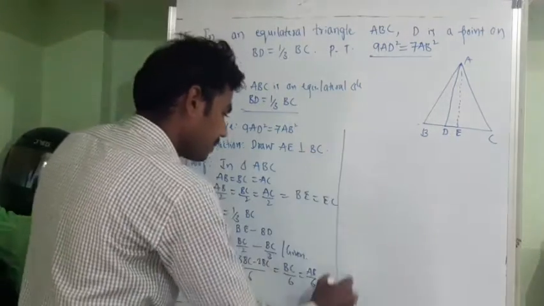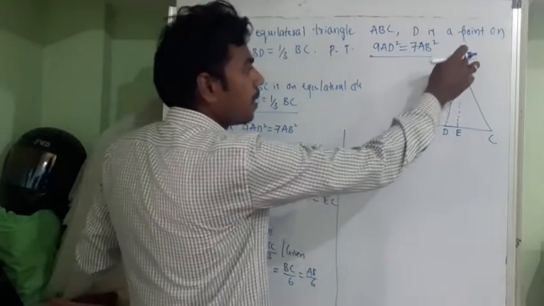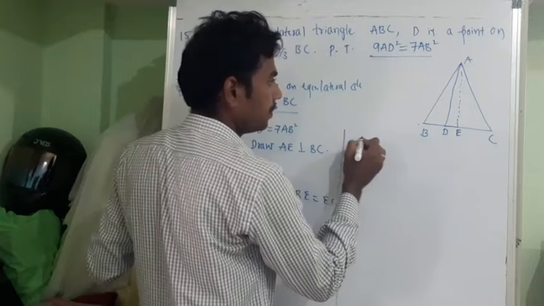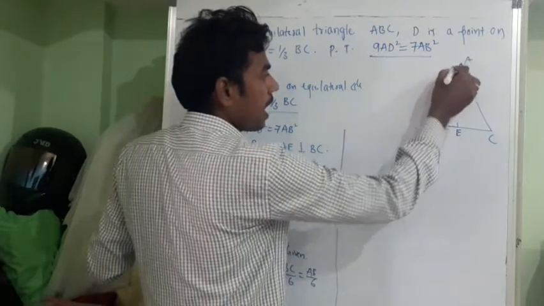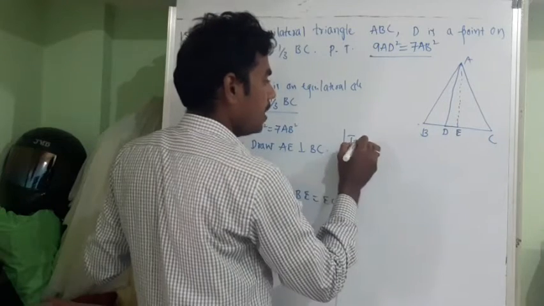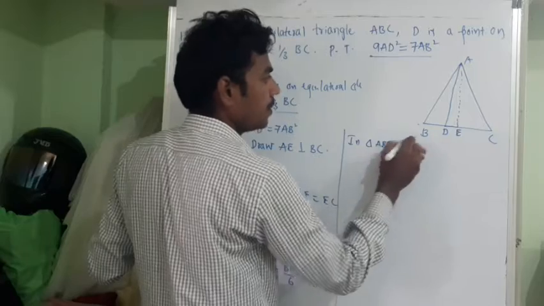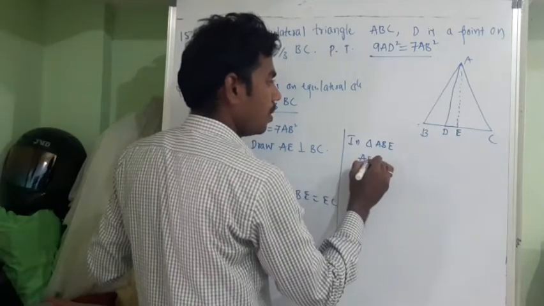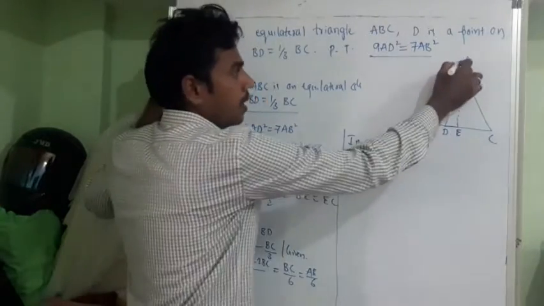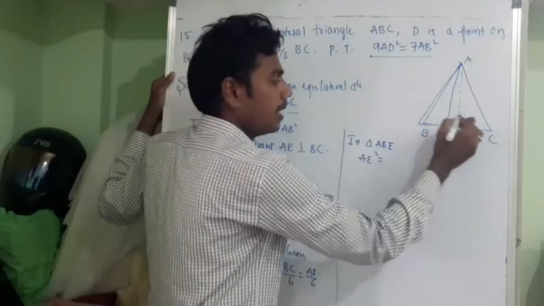Next. So this is over. Next, AD square. In triangle ABE, angle E is equal to 90 degrees.